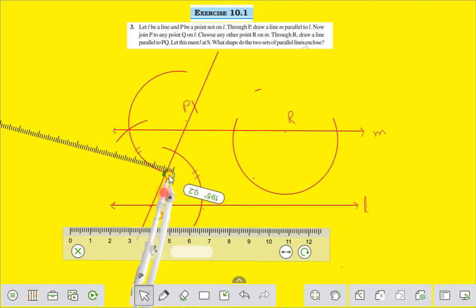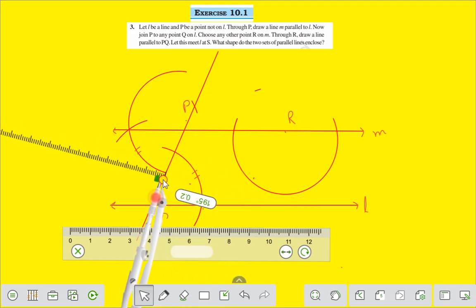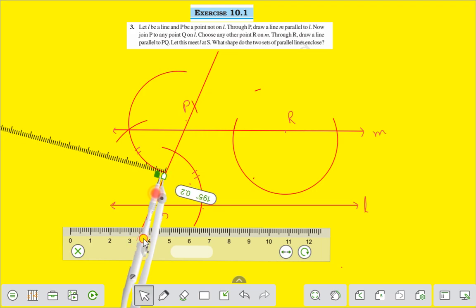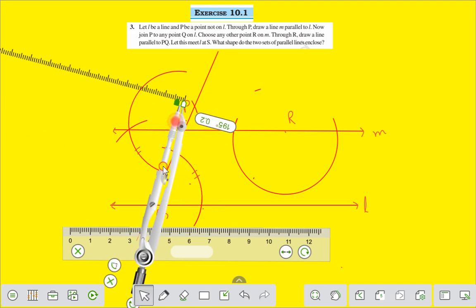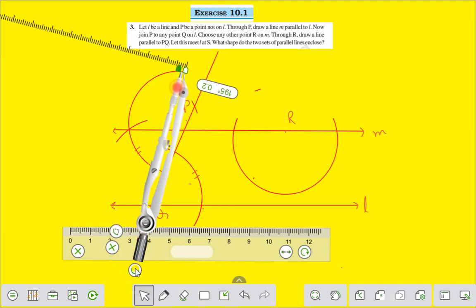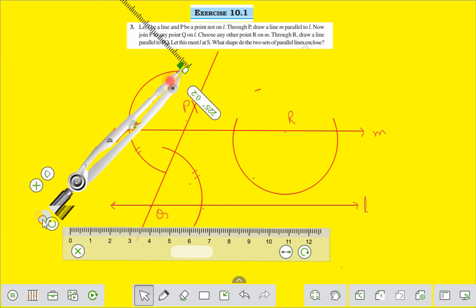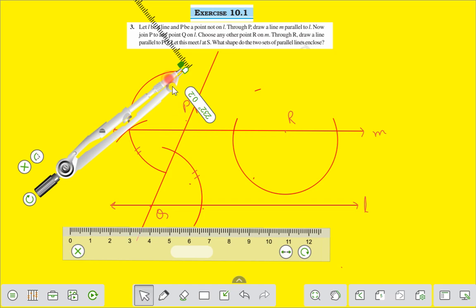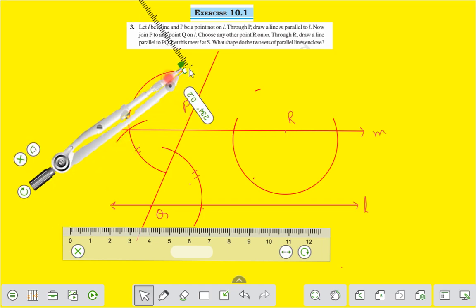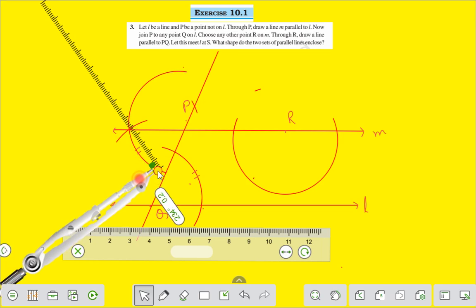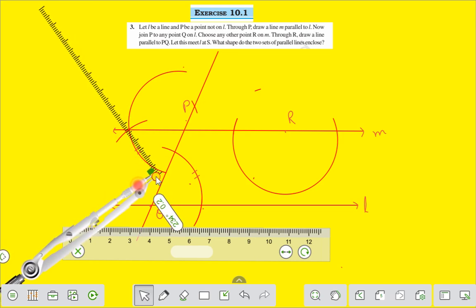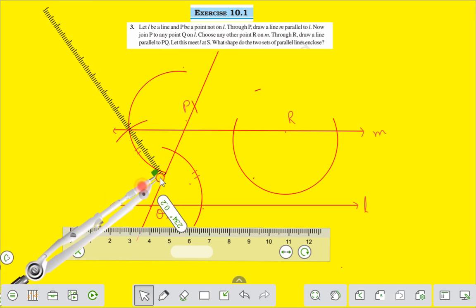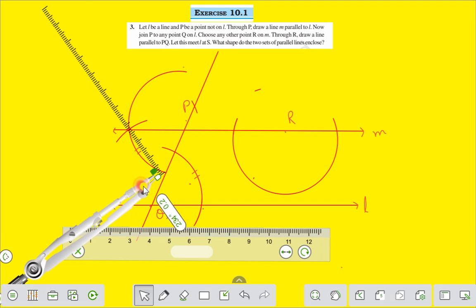Take the pointer here and take the measurement of this arc, right? Let us take this measurement. And take the measurement here.